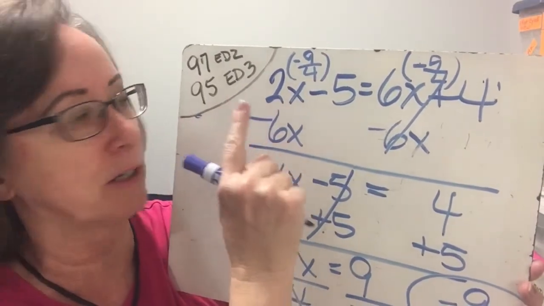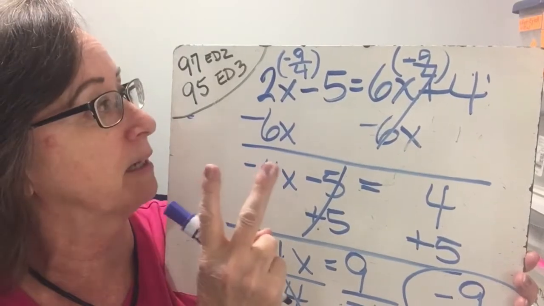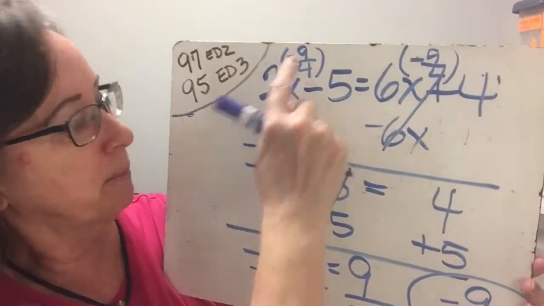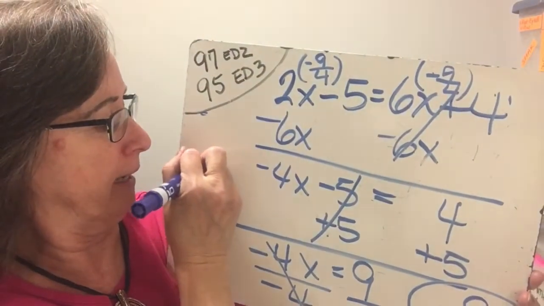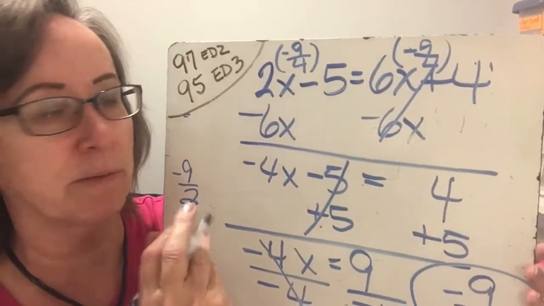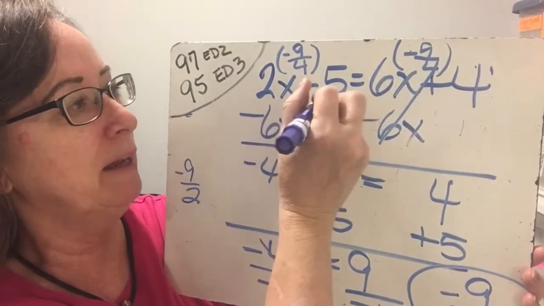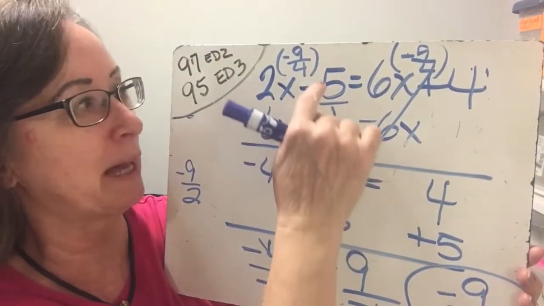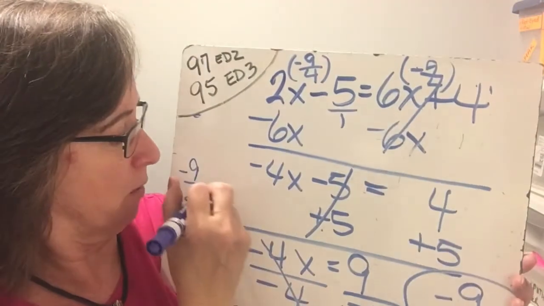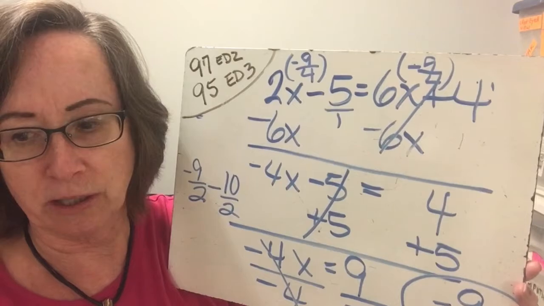Remember, the 2 is in the numerator, so the 2 and the 4 will cancel, but leaving a 2 in the denominator. So that's going to become a negative 9/2 minus the 5. How could we write the 5 with a 2 in the denominator? If we just put a 1 and we multiply by 2 over 2, don't we get minus 10 over 2? And that's easier to think about.